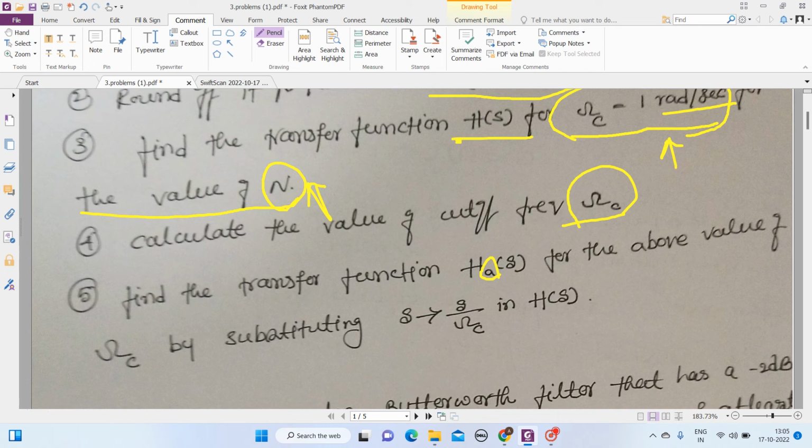How can we find it out? It is a design of an analog Butterworth low pass filter, right? For this, wherever we see s, we have to replace it with s divided by omega c in the transfer function.